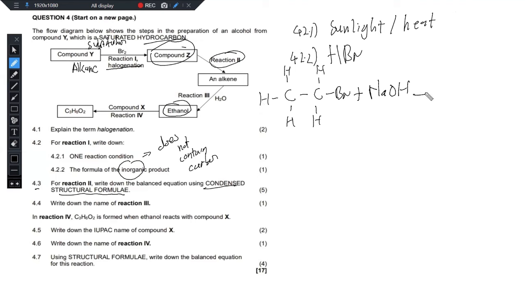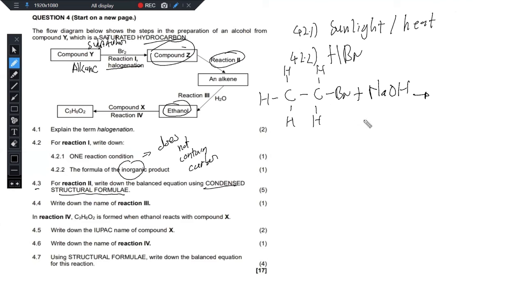Always pay attention to that. I always advise you that if there is a reaction that they want you to draw, to show either using structural formulae or condensed structural formulae, it will be the dehydrohalogenation reaction, or the hydrolysis reaction, or the dehydration or hydration reaction.